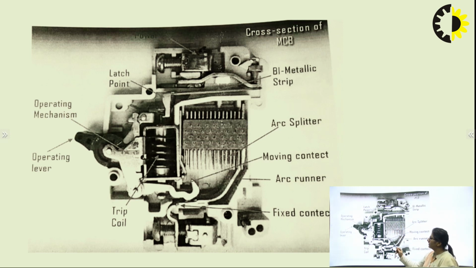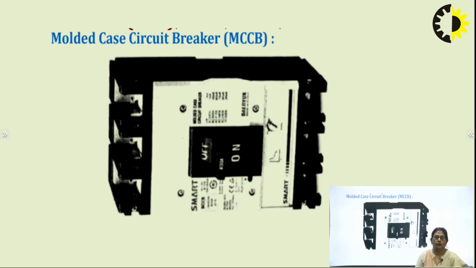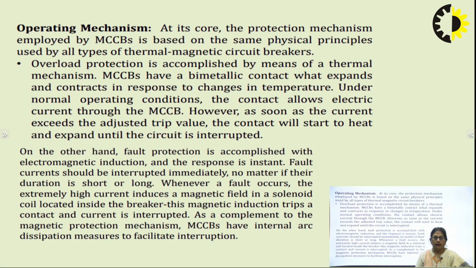Because of the arc runner, the arc moves up towards the arc runner, and then moves up again, and with the help of the arc splitters the arc is quenched, so that protection against the arc is also provided. So there is no arc remaining. This is the internal arc dissipation measure which facilitates the interruption in MCBs and also MCCBs.